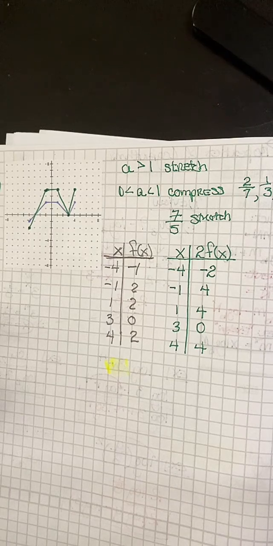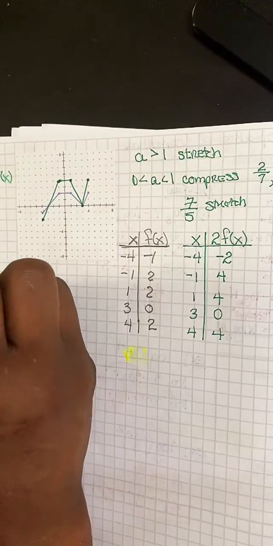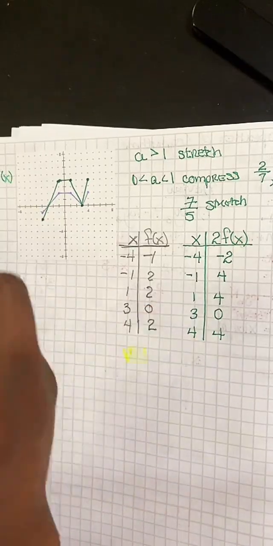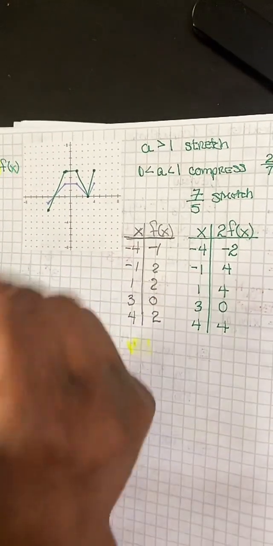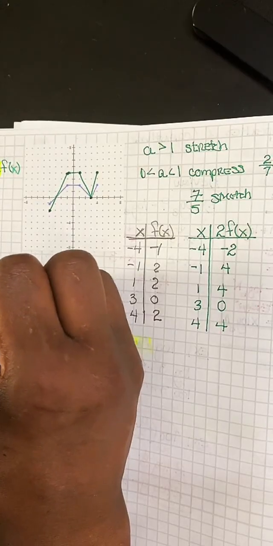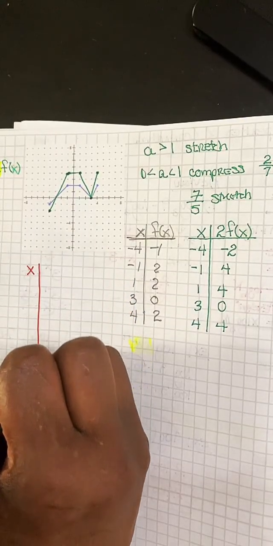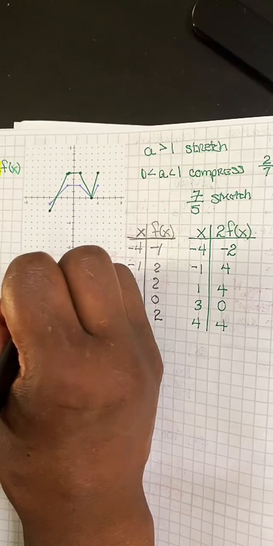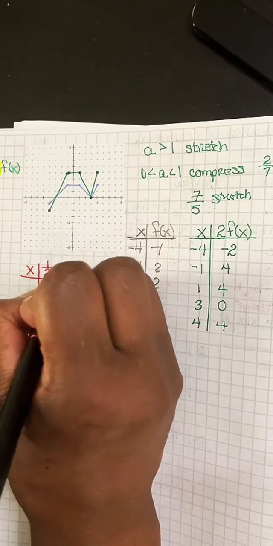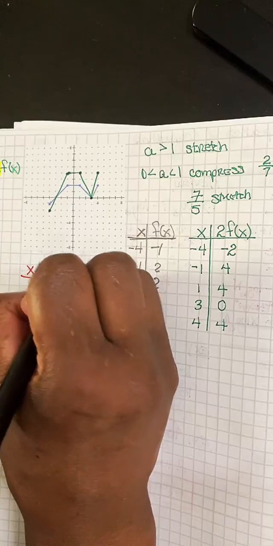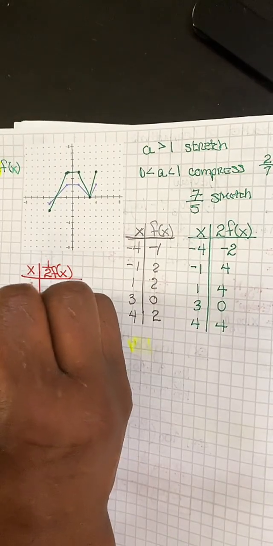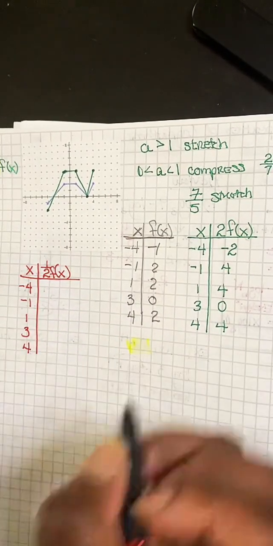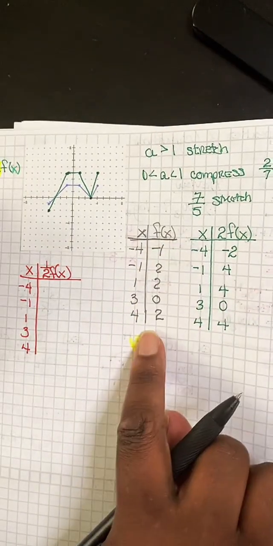Now on the same grid, blue may not be the thing, so I'm going to try red. If we try on the same grid to use 1/2, taking half of my f of x, keeping my same x values, this is my original.